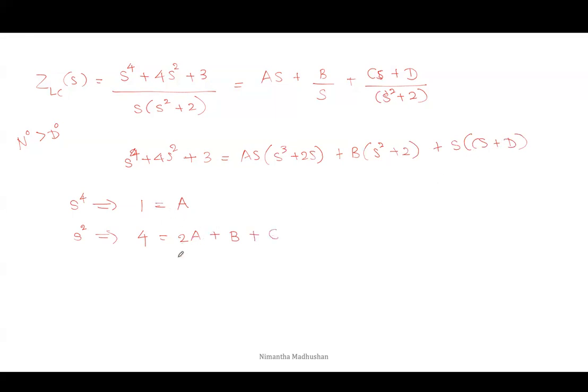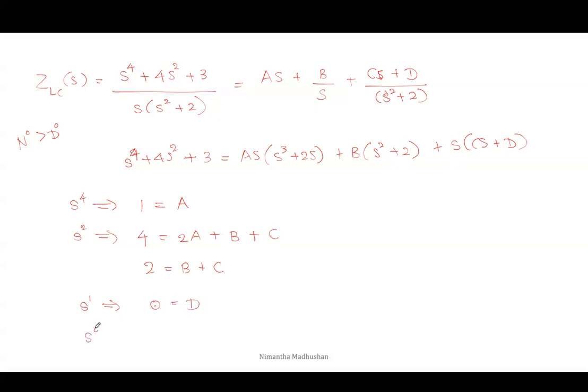We know the value of a, then 2 is equal to b plus c. Then I consider s to the power 1. From the left hand side, there are no s terms. From the right hand side, it is equal to d. The value of d is equal to 0.